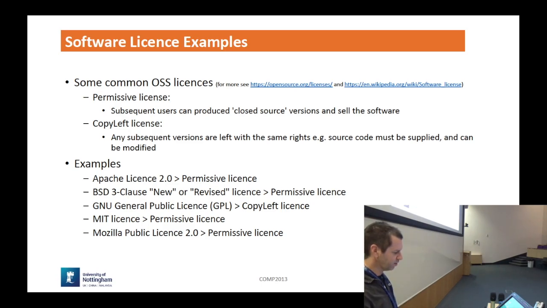Then the copyleft license: any subsequent versions are left with the same rights, the same source code must be supplied and can be modified. So in other words, when you use that software, you're not allowed to change the license. The license remains the same. Here are some examples. Apache has a special software license.